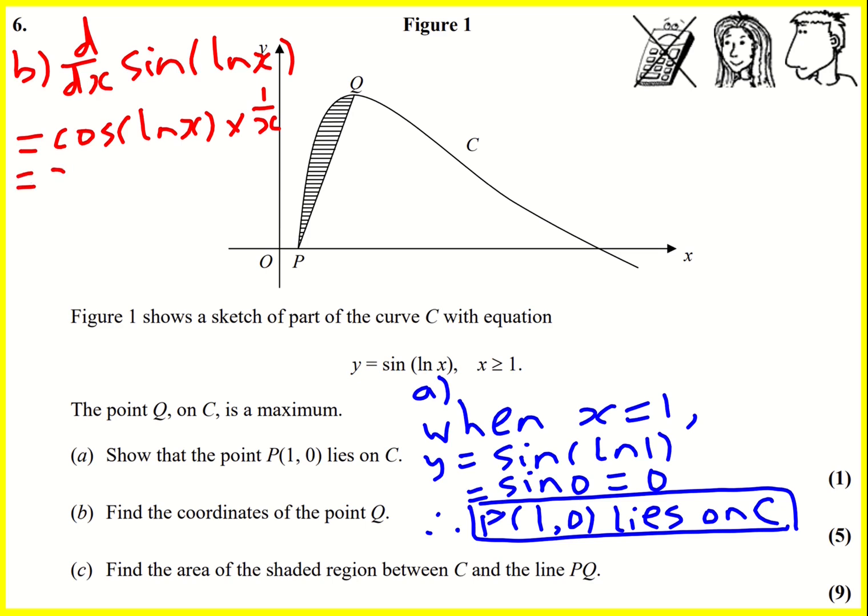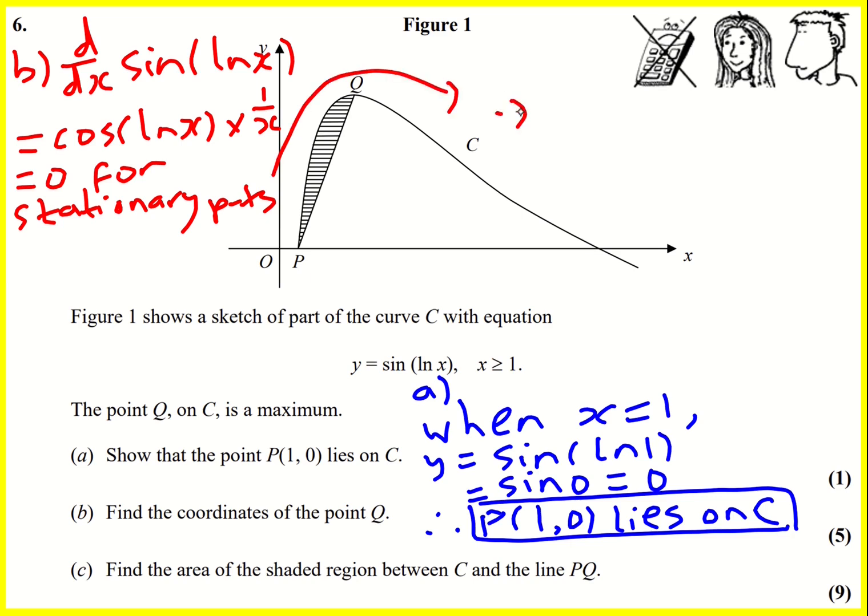And this equals 0 for stationary points. Okay, x is bigger or equal to 1, so we can cancel that out. So it's just going to be that cos of ln x is equal to 0.